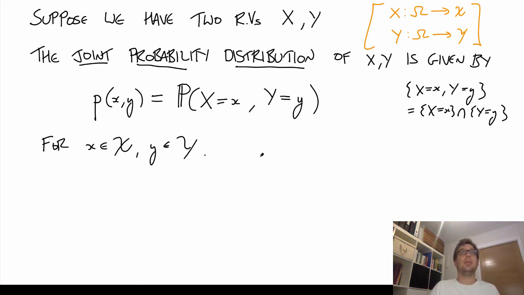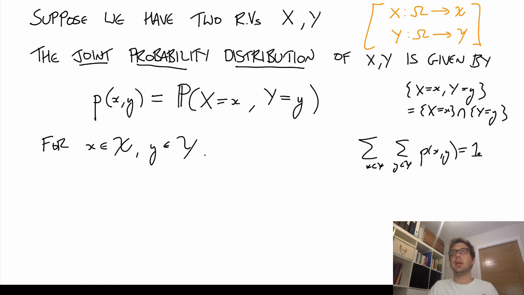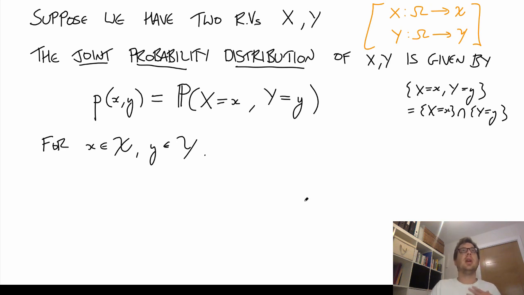Notice once again we're going to have the same properties as before, that all of these numbers are going to be positive, and if we sum over x, and then we sum over y belonging to its set, p_XY is going to sum to 1. But anyway, that's not so important given the previous definition that we've given.